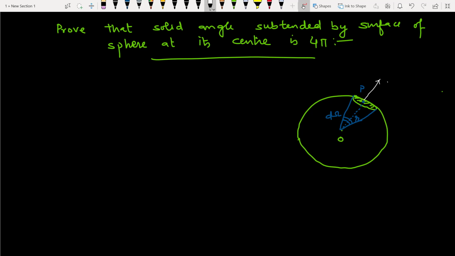The direction of the area element will be outward. This is also the same direction as r cap. So by definition, the small solid angle subtended by ds surface area is given by this.